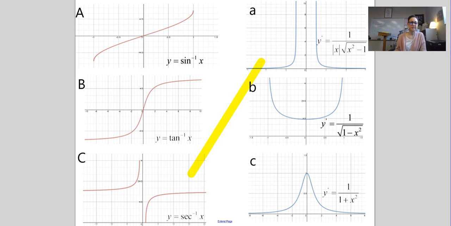So for this first graph, it goes concave down, concave up, right? So what should its derivative do? It should go decrease to increase. So based on the options that are left, would you choose capital A to go with little b or little c?